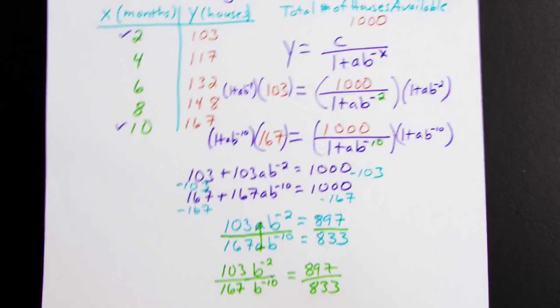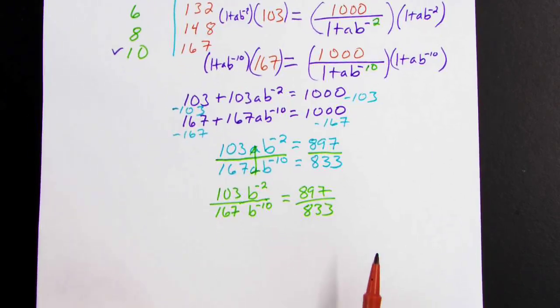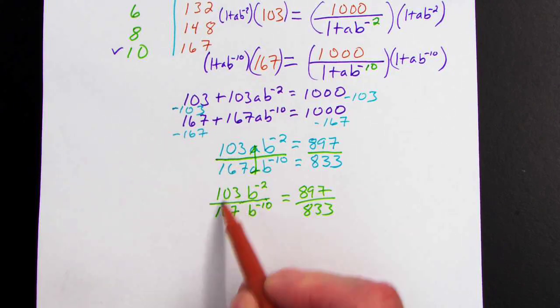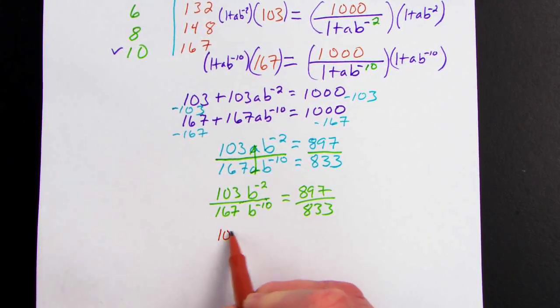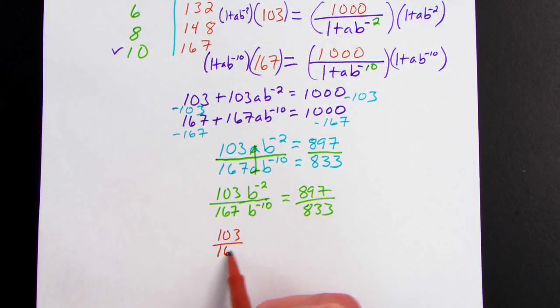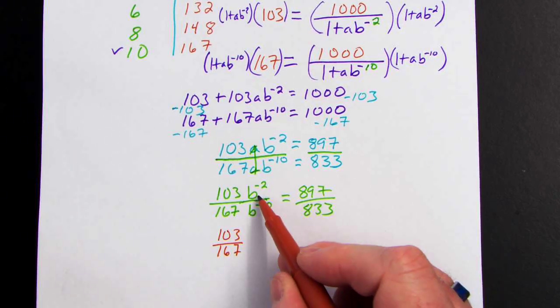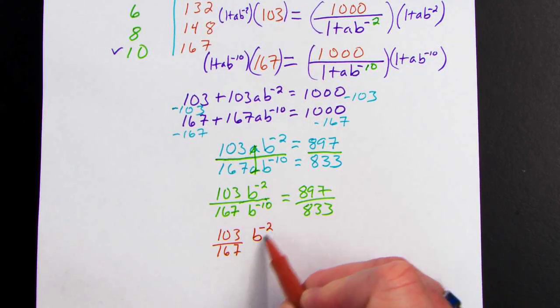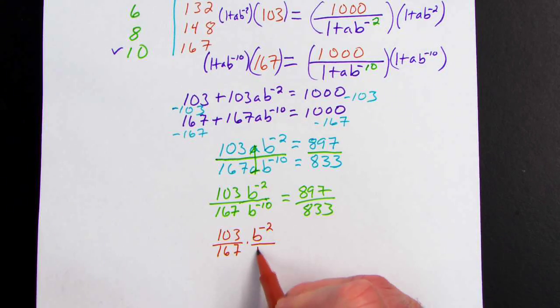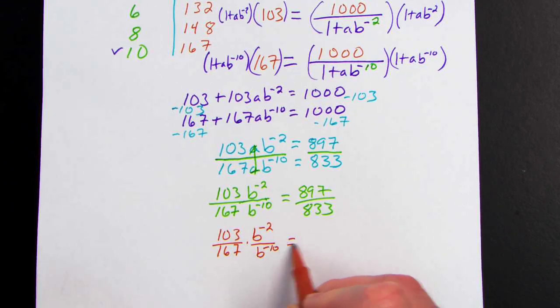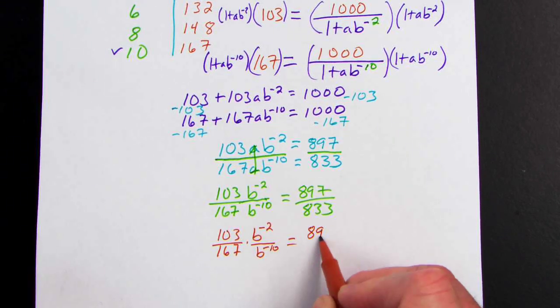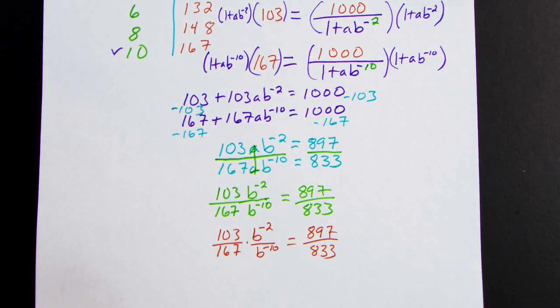I'm going to start simplifying this a little bit. I'm going to write the number part of this as a separate fraction. And that gives me b to the negative 2 over b to the negative 10. Remembering my rules of exponents, when I have bases that are divided, I can actually take the exponents and subtract them.